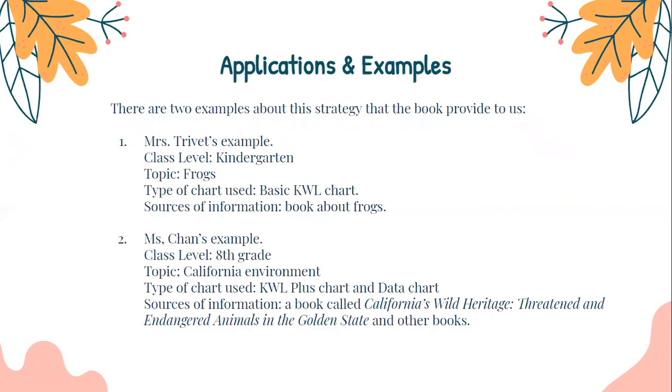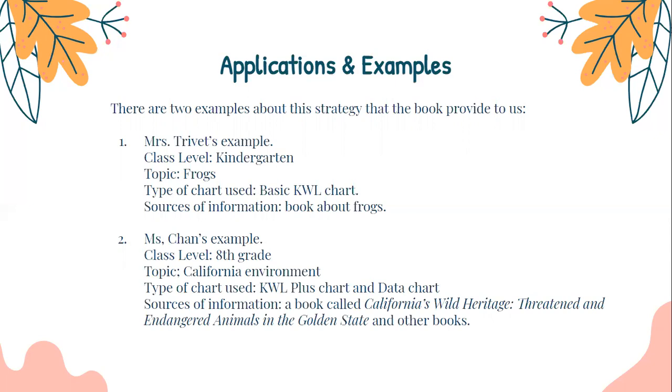Okay, now we're going to talk about the application and example that the book provides to us. In this strategy, there are 2 examples. The first one is Mrs. Trivit's example, in which she has a kindergarten class, and the students learn about frogs.